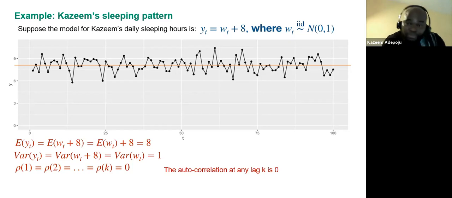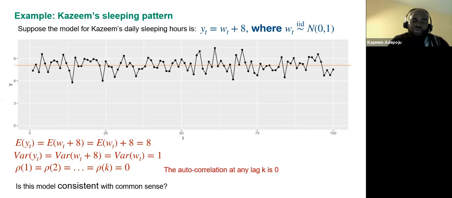But there are some people whose number of hours of sleep on Monday may be different from the number of hours they sleep on Tuesday. The number of hours they sleep on Tuesday may depend on Monday, and the number of hours they sleep on Wednesday may depend on the number of hours for Monday. It depends on the lag that we're talking about.